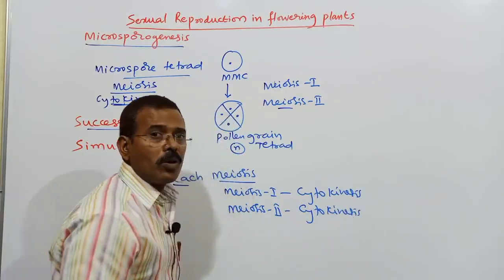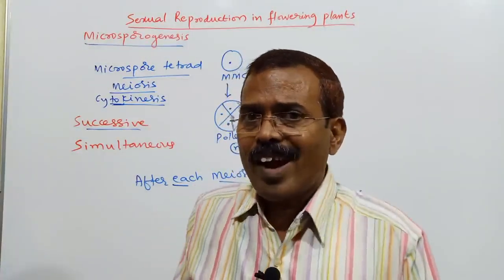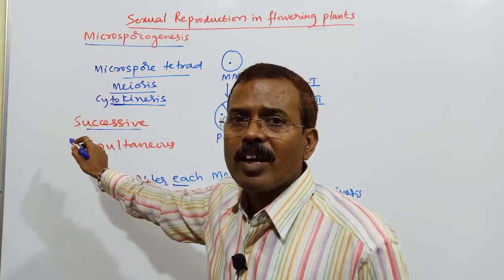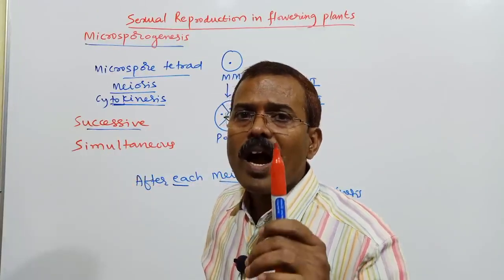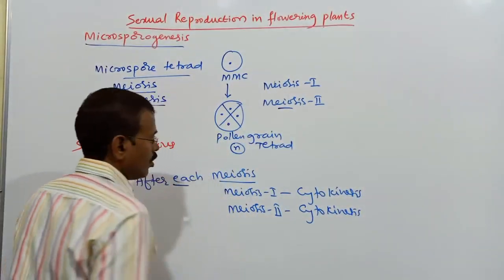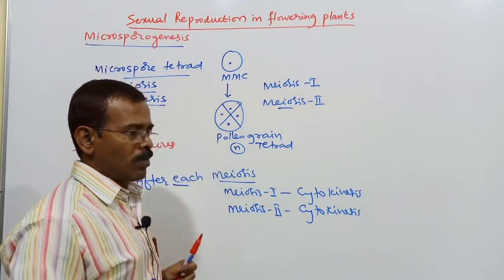So cytokinesis occurs after each meiotic division. This kind of successive cytokinesis results in the formation of isobilateral tetrad. Isobilateral tetrad is formed from the microspore mother cell.